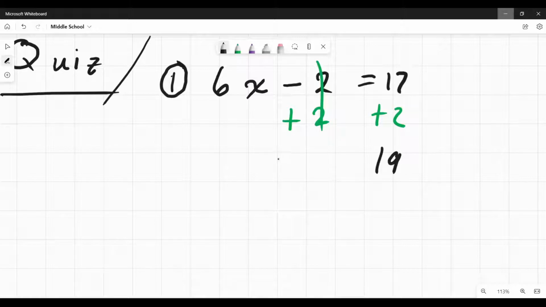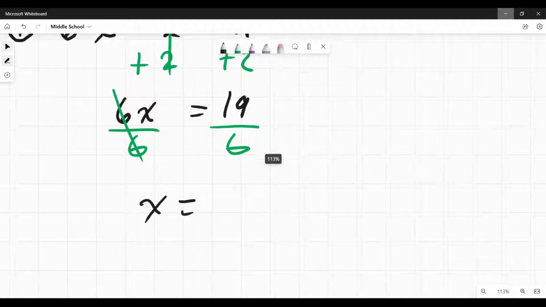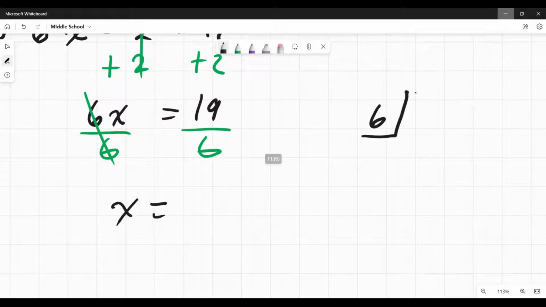6x equals 19. Perfect. We're going to bring down everything we haven't touched. And then what now? That doesn't work, so you divide. There's no 6 anymore, but 19 divided by 6 is 3. 6 goes into 19 3 times.